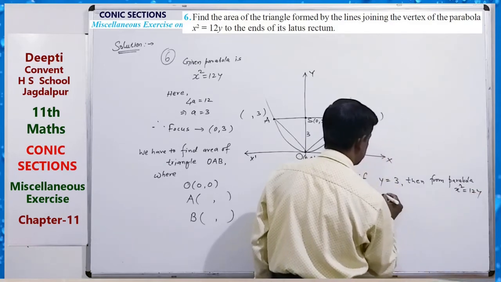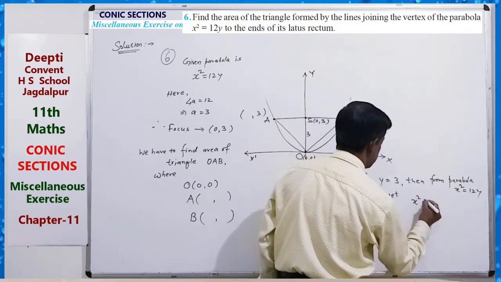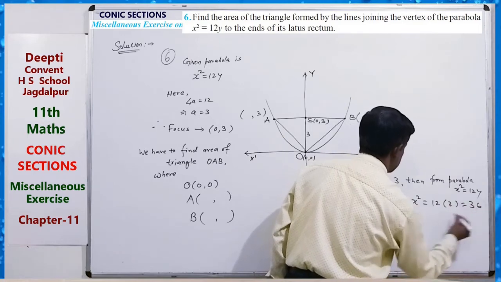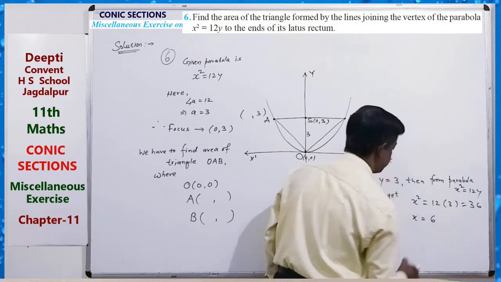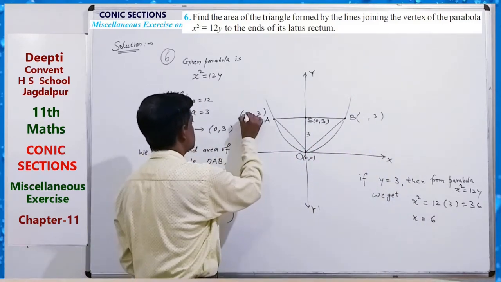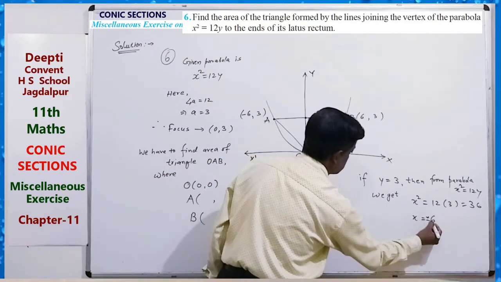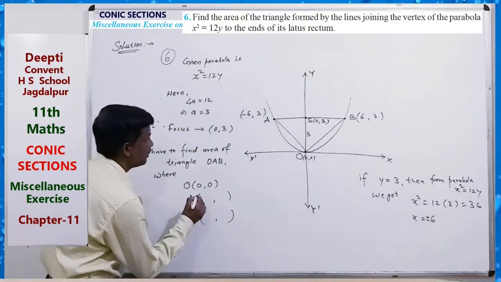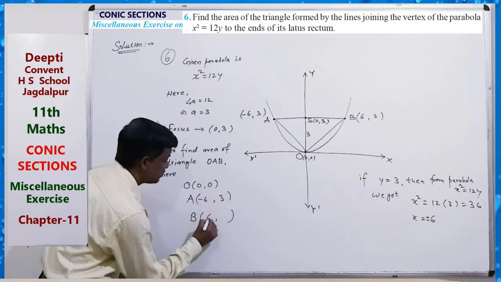We get x square equals 12 into 3, which is 36. That is x equals 6. So x equals plus or minus 6. That is, A is minus 6, 3 and B is 6, 3.